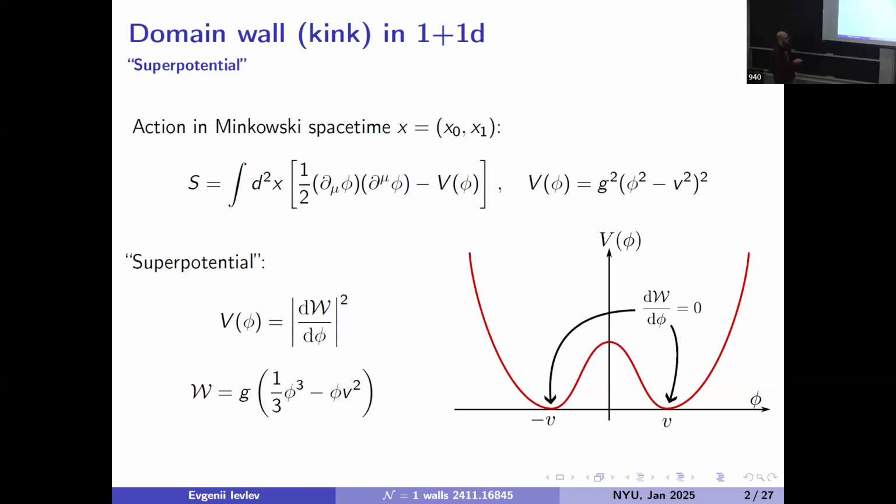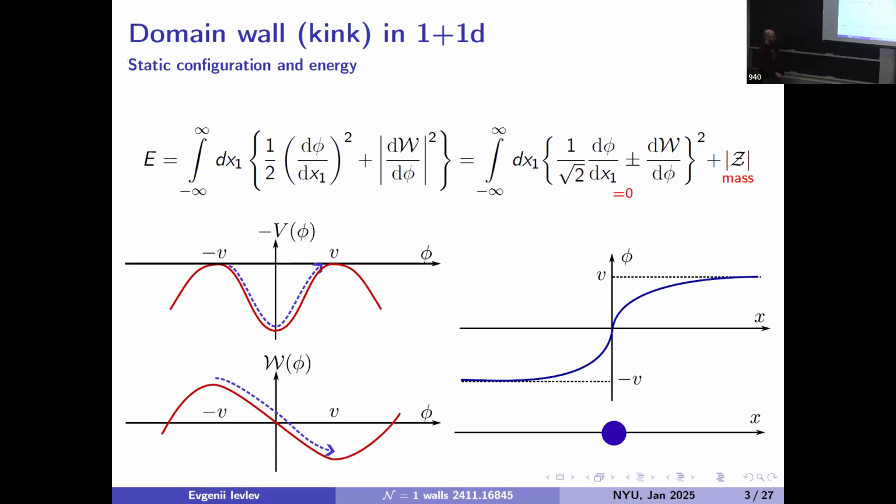Since this potential clearly never turns negative, if you find a zero of the potential, then the zero must be a minimum of the potential. The potential can never go negative. But the zero of this potential is a zero of this derivative dW over d phi. So these two minima, where the potential actually does turn zero, correspond to extremal points of this so-called superpotential W.